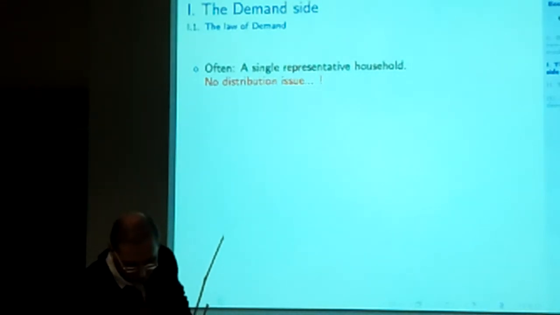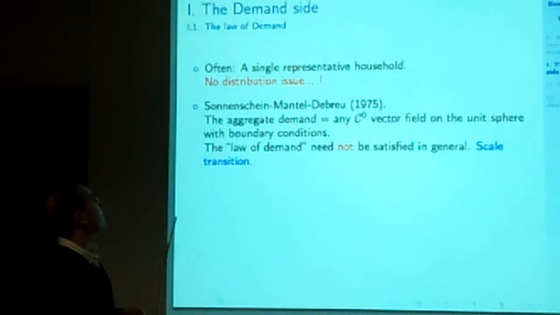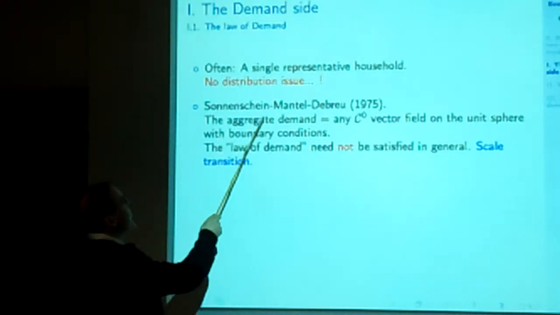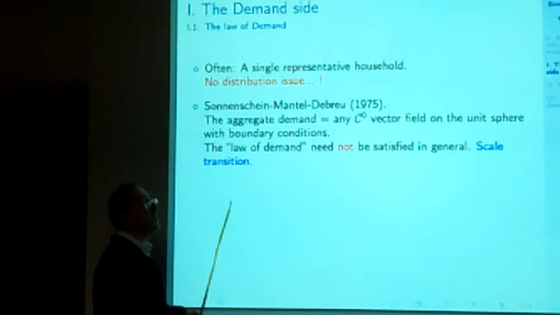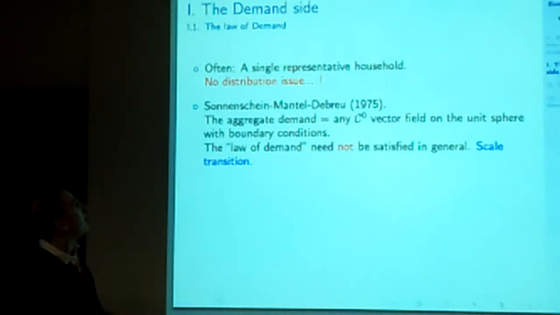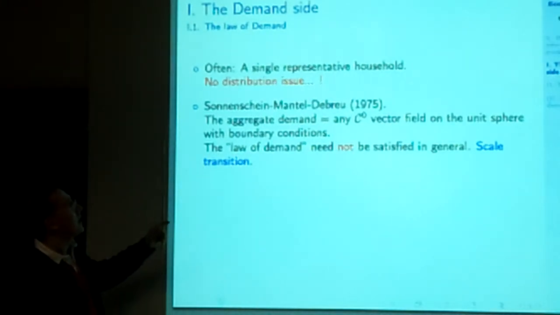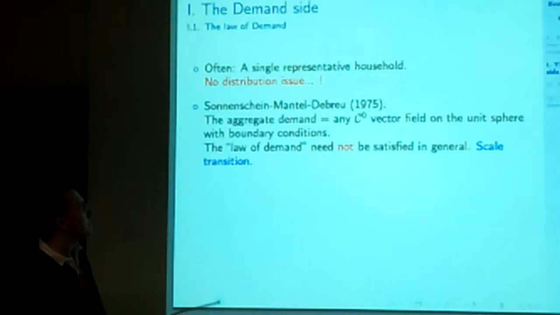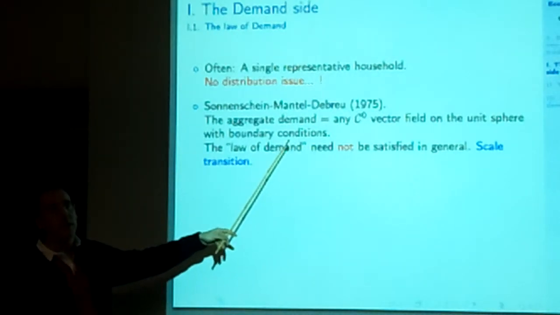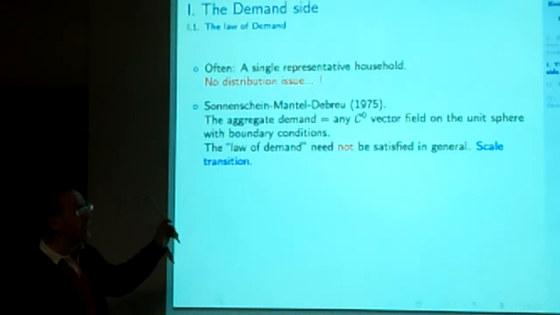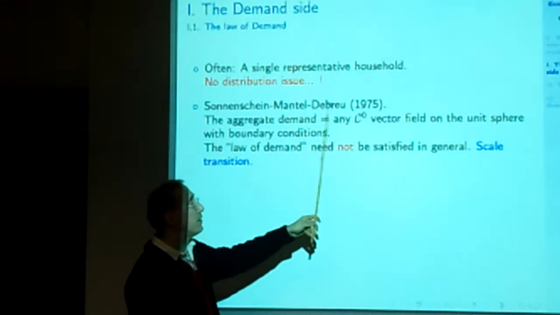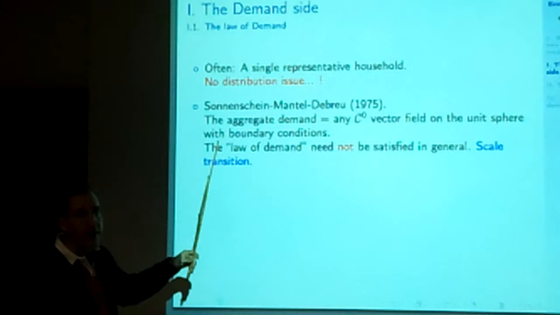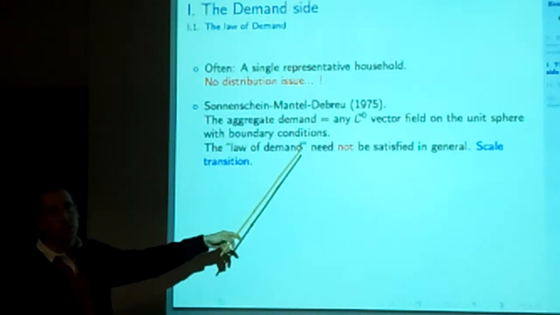Okay? Question. In addition to that, there is a famous result by Sonnenschein, Mantel, and Debreu in the 70s, neoclassical economists, which shows that if you consider the solution of this maximization program I just mentioned of the consumer, you add it up, then you end up with the aggregate demand, and it turns out that the aggregate demand can be any continuous vector field on the unit sphere of prices with some boundary conditions.